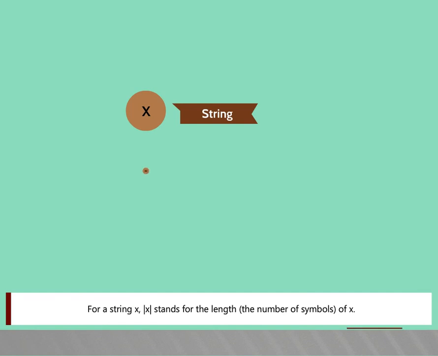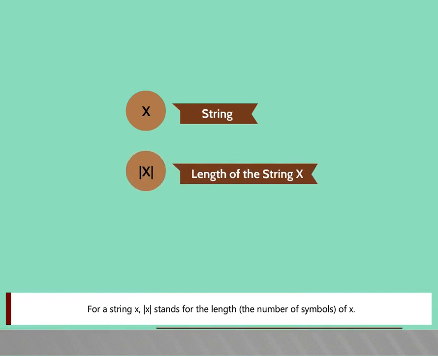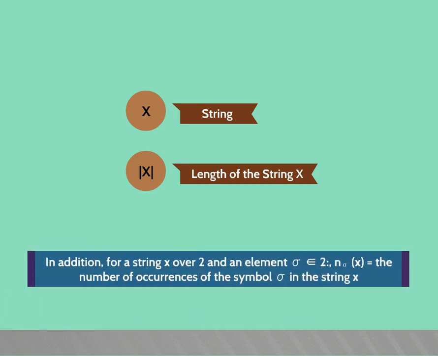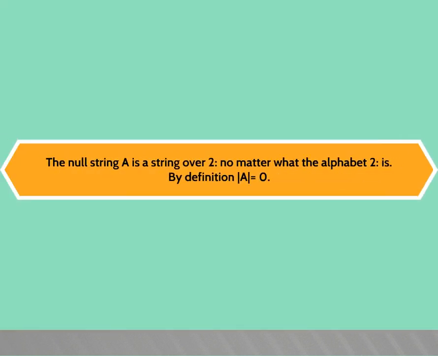For a string x, modulus of x stands for the length, that is, the number of symbols of x. In addition, for a string x over sigma and an element sigma of the alphabet, n sigma of x is equal to the number of occurrences of the symbol sigma in the string x. The null string lambda is a string over sigma, no matter what the alphabet sigma is. By definition, modulus of lambda is equal to 0.